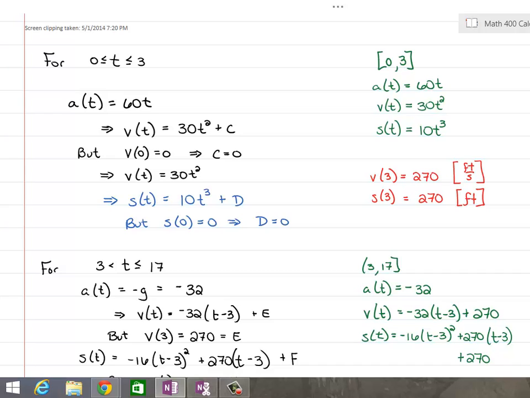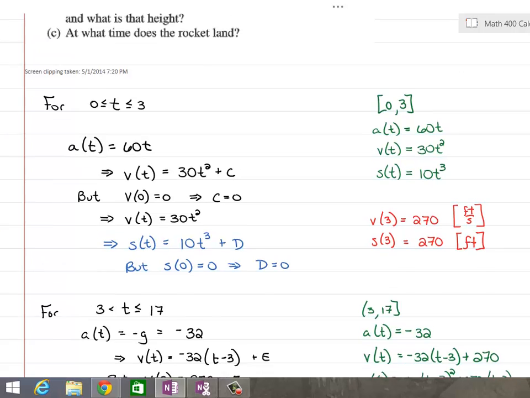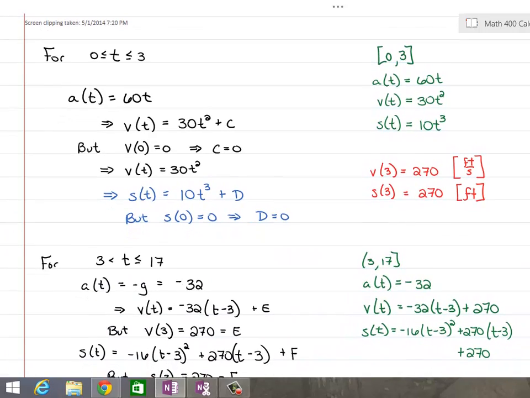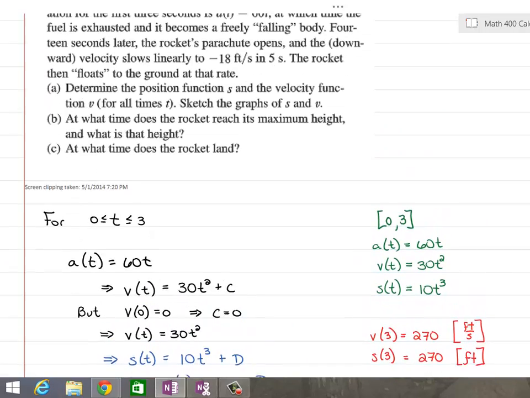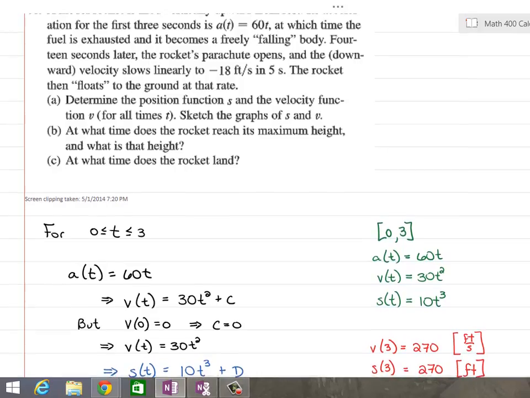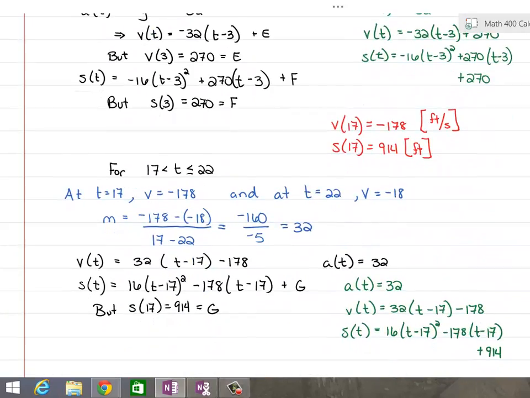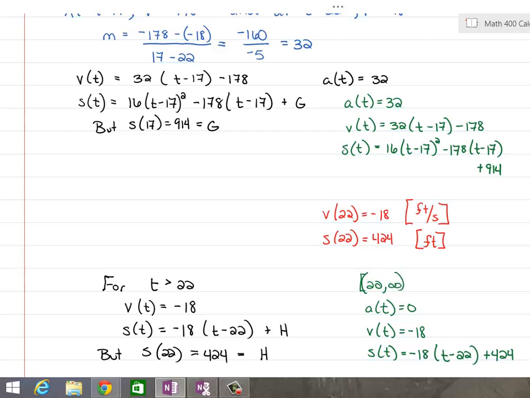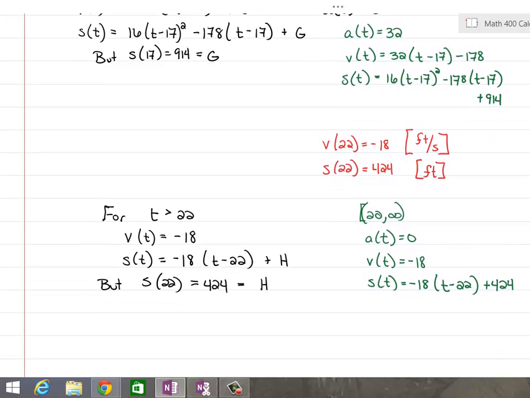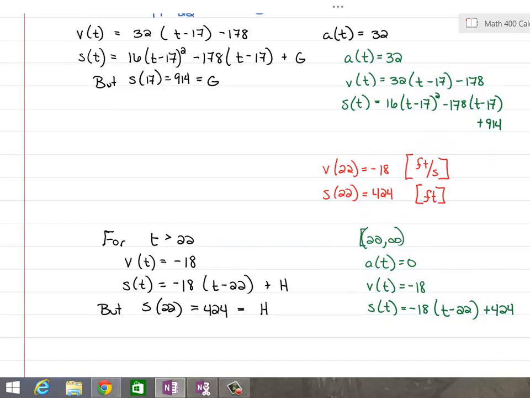It's actually at the points where these functions meet. So if the maximums or minimums are in there, you can check in there. And then when does the rocket land, you can do that using the position function, setting this last position function equal to 0. So I think it's pretty good, though. You should be able to do the rest of this just by the graph almost. All right, we're done.